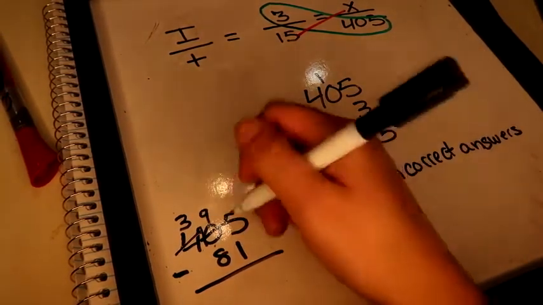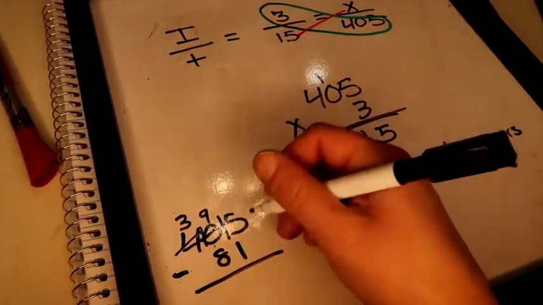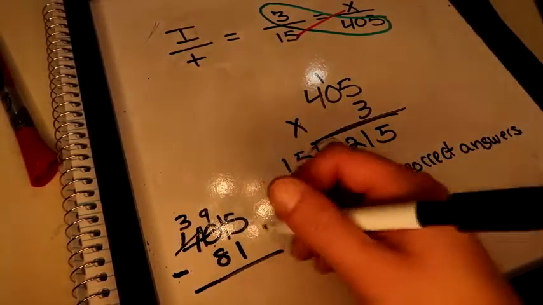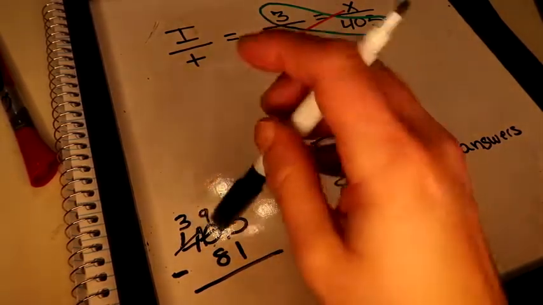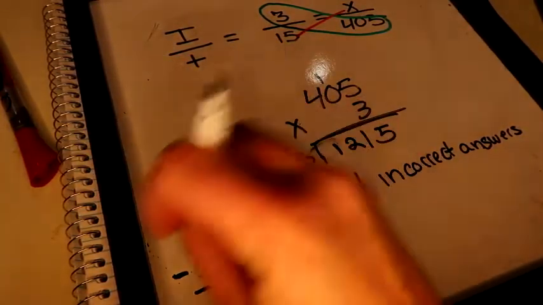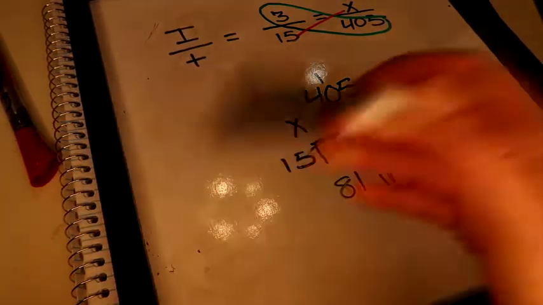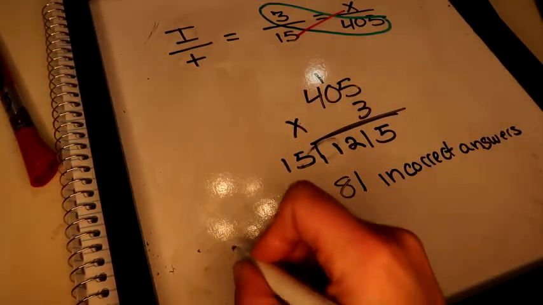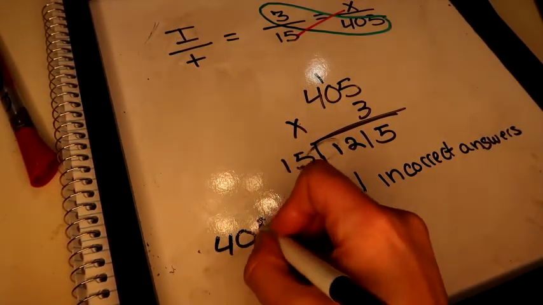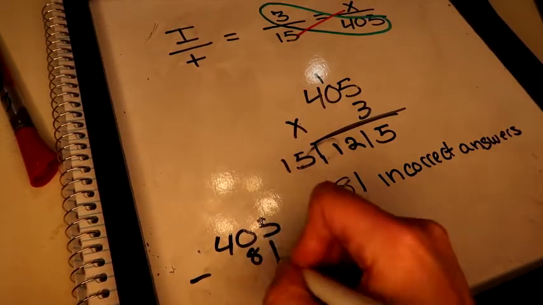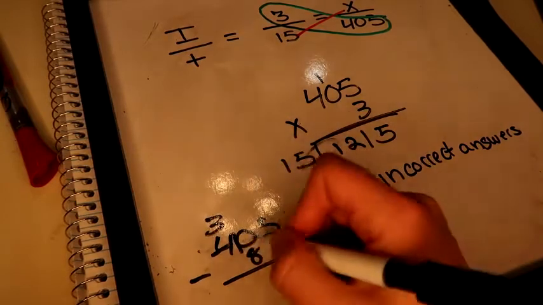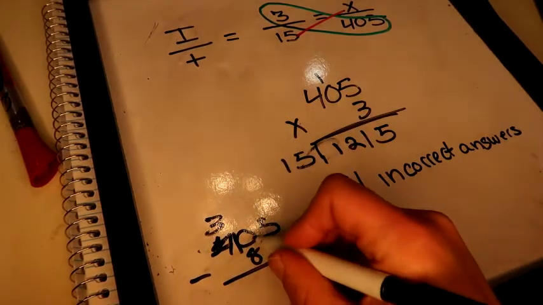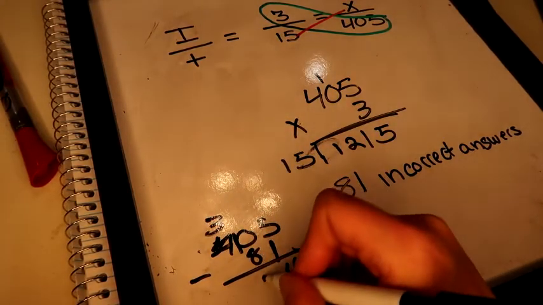Now I changed it to a 9 because I have to regroup it. 15 minus 1 is, oh, I don't know why I did that. 5 is bigger. See, even teachers make mistakes, and I make plenty of them. 405 minus 81. 4, regroup. 10 minus 8 is 2.